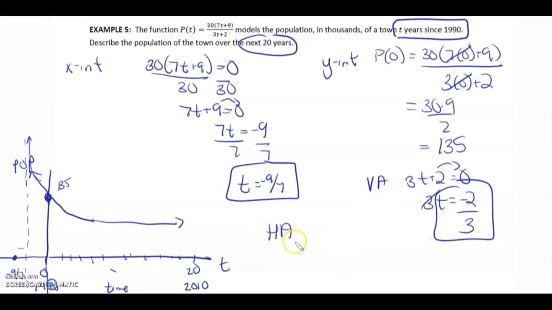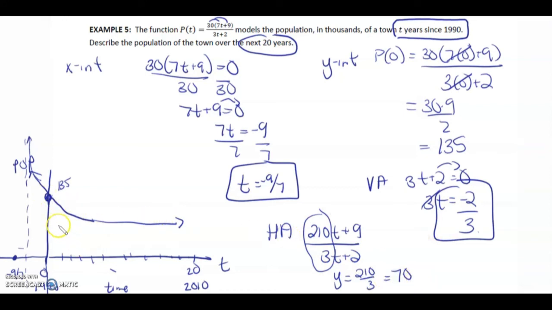And now let's do the horizontal asymptote. If you think about expanding the numerator, we would get 30 times 7, so 210t plus 9 over 3t plus 2. We're just going to take the coefficients here. So our horizontal asymptote would be 210 over 3, which is 70. Okay, so we're going to have a horizontal asymptote at 70.